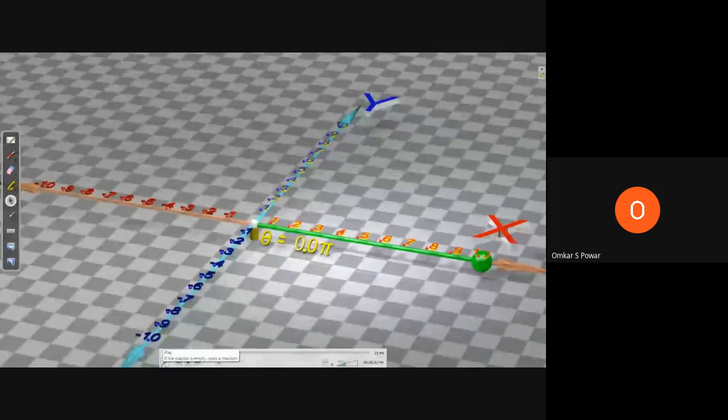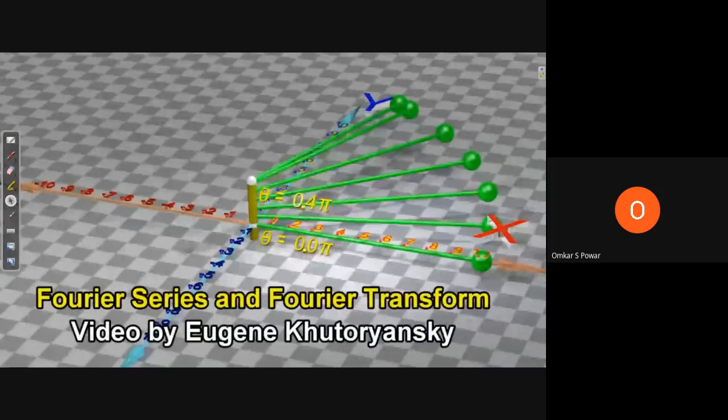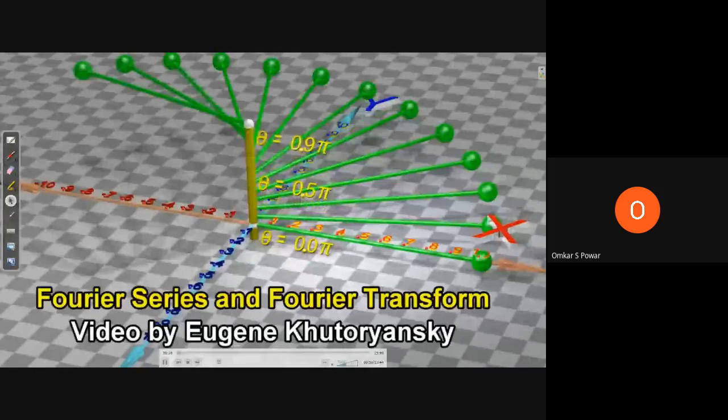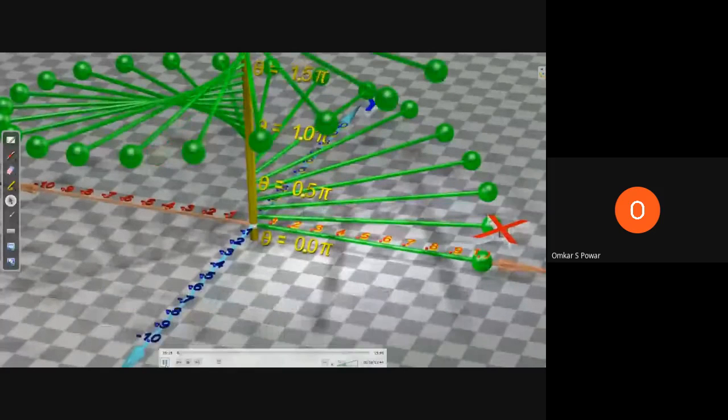Okay. So we have an x-axis and we have a y-axis here. So let us create an axis which gives us an angle theta here. So the green line rotates by an angle theta.